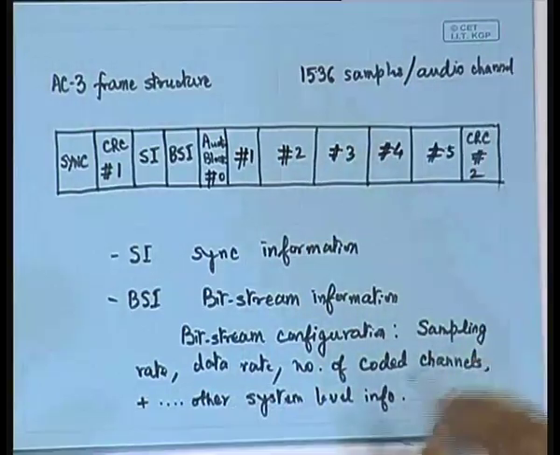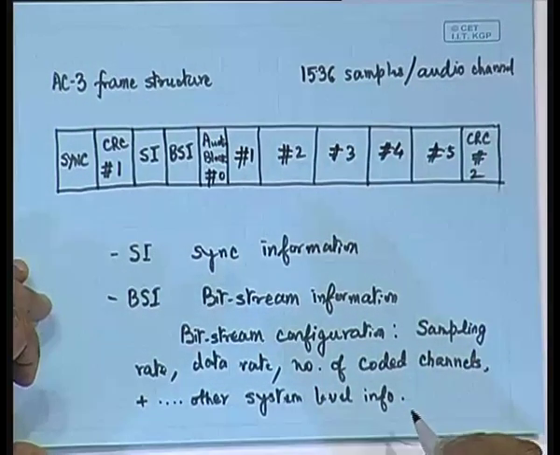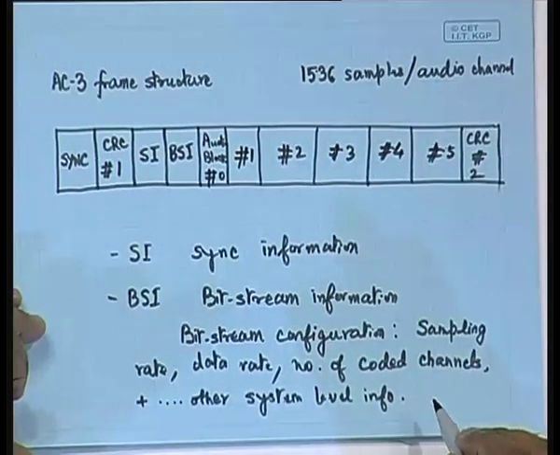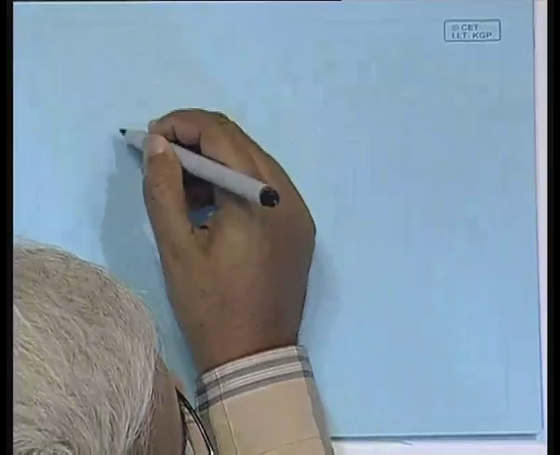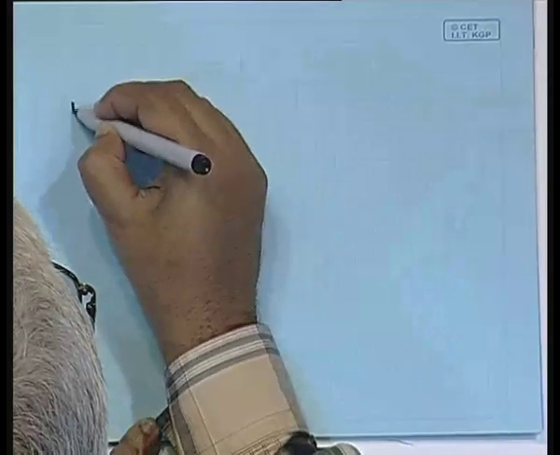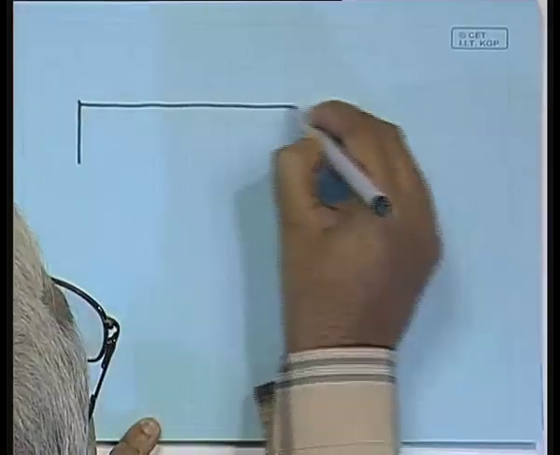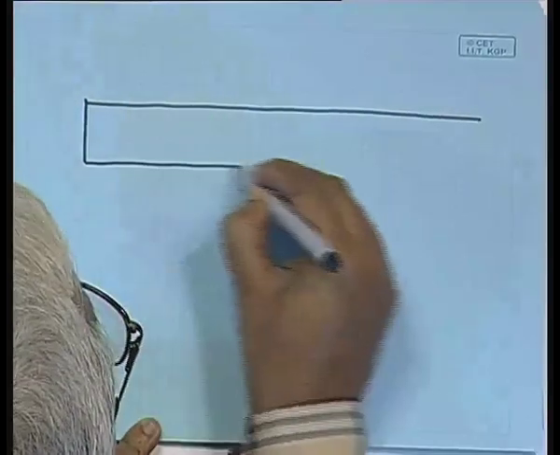Now, the AC3 block structure would be something like this. Within one block we must have this information.